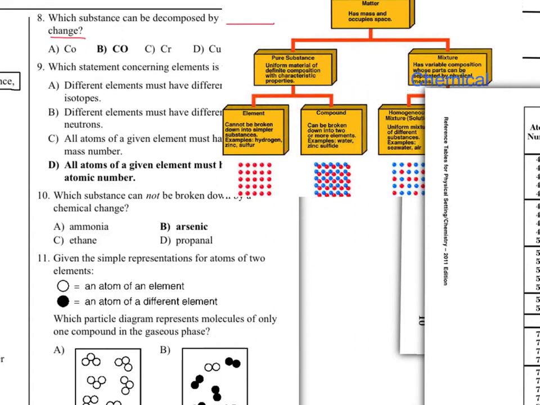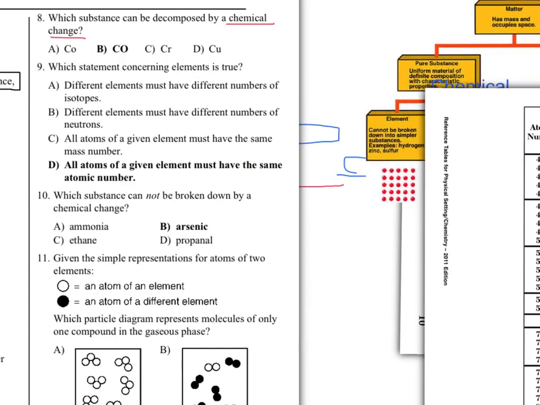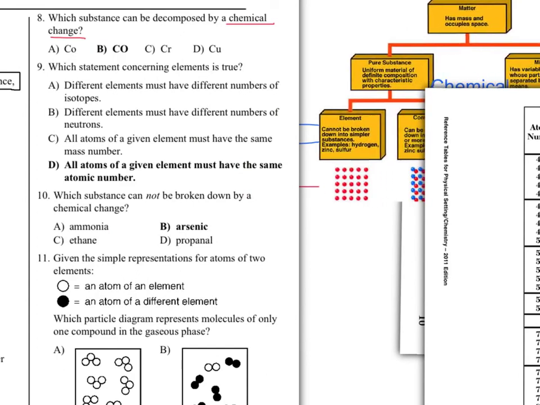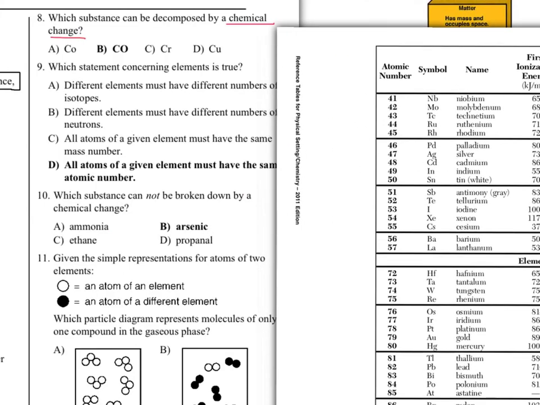So here we're essentially going to be looking for a compound. Now recall from our reference table S that elements have just one capital letter and 0, 1, or 2 lowercase letters in their formula. And compounds will have 2 or more capital letters, and that's why carbon monoxide is the best choice.